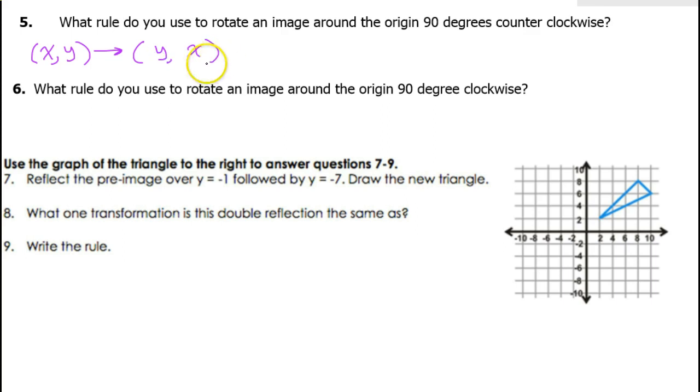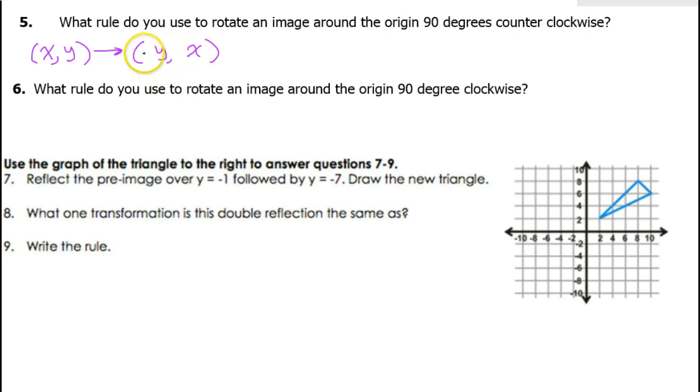Now, you have to memorize one of these is going to stay the same and one of them will become negative. When you're going counterclockwise, the x value stays the same. When you're going clockwise, the y value stays the same. So this is counterclockwise, so the x value is going to stay the same.